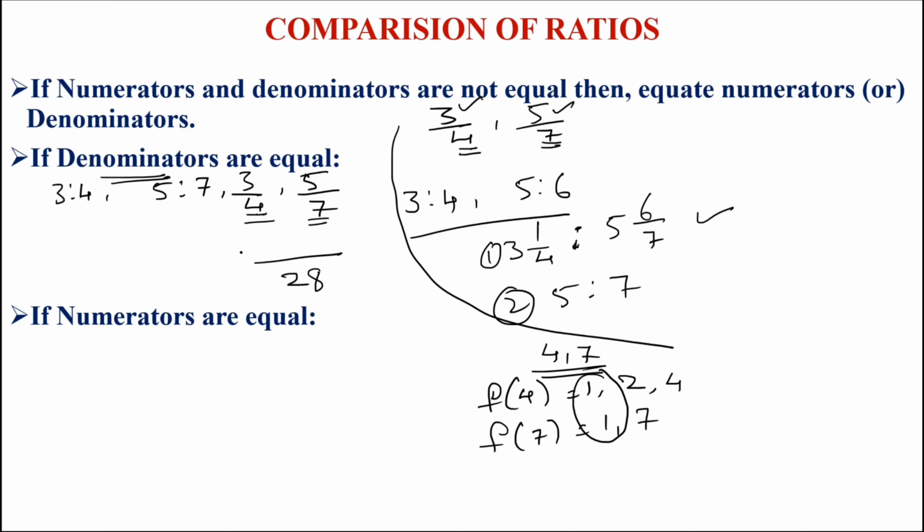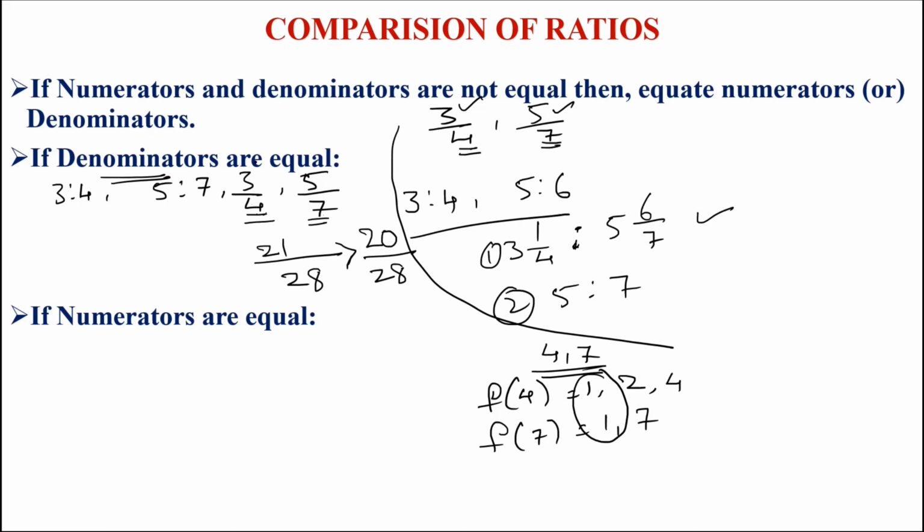Next, 4 how many times makes 28? 7 times. 7 times 3 is 21. So this becomes 21/28, and the other becomes 20/28, with the denominator the same, 28. First you have to take the LCM in order to equate the denominators. Now whichever fraction has the greater numerator is the greatest.